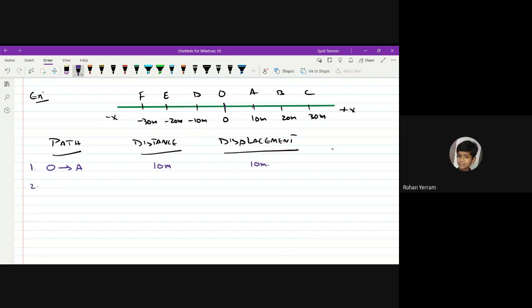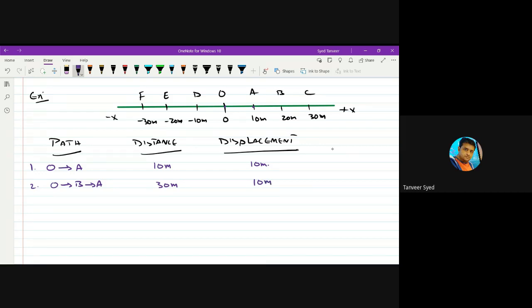Towards right. The body starts from O, goes to B, and then goes to A. Distance is 30 meters, displacement is 10 meters.